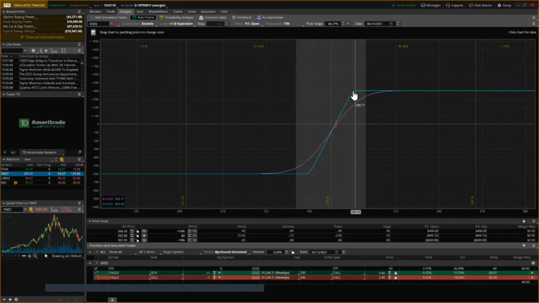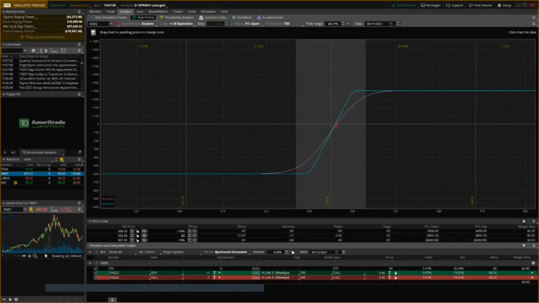So if it expires here, it's better for you. It's going to be better for you when you're hedging yourself this way, and you're going to get $340 less loss, and that's a good thing. Okay, so this is how it works.